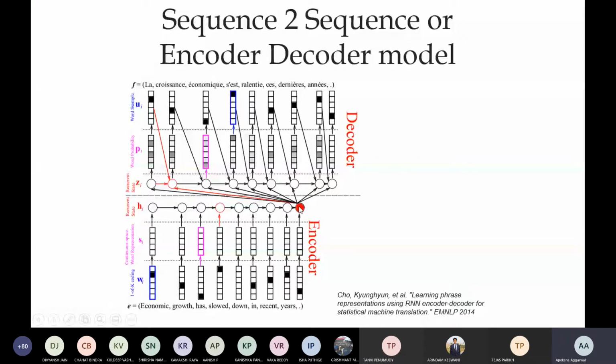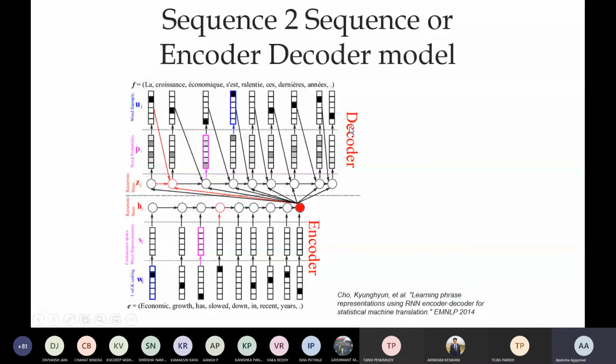We use this feature extracted from the whole English sentence and decode it. Basically this is a matrix, and we give it as input to a decoder, which is a one to many recurrent neural network.